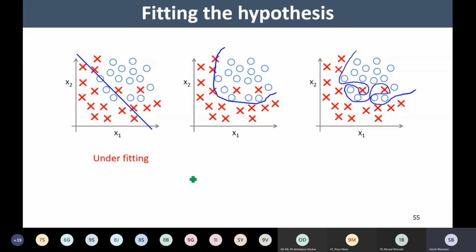If we come up with such a line for this given data set, I may say that this is underfitting. What do we mean by underfitting?